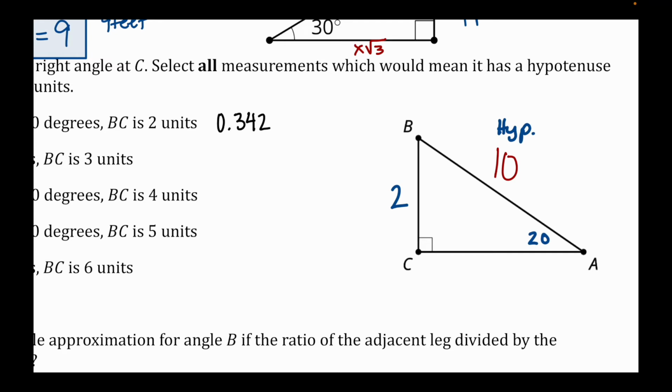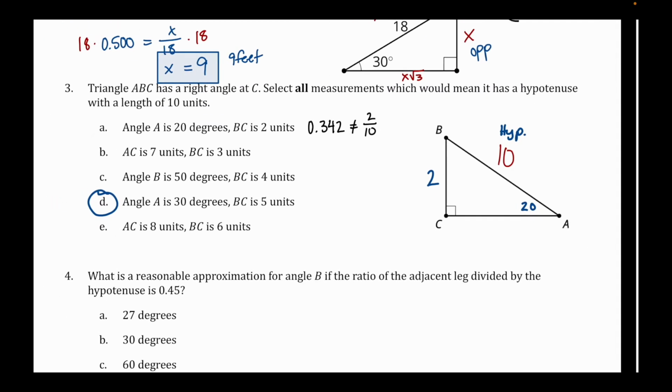And is 0.342 the same as 2 over 10? And the answer to that is no. 2 over 10 is the same as 1/5, or just 0.2, so it doesn't work. But that's how we can eliminate choices.